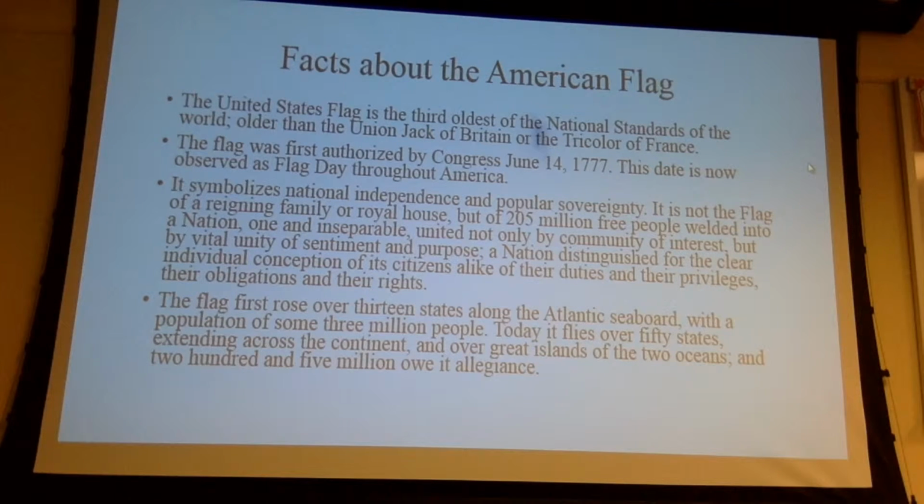The flag first rose over 13 states along the Atlantic seaboard with a population of some 3 million people. Today it flies over 50 states extending across the continent and over great islands of the two oceans, and 205 million owe it allegiance.